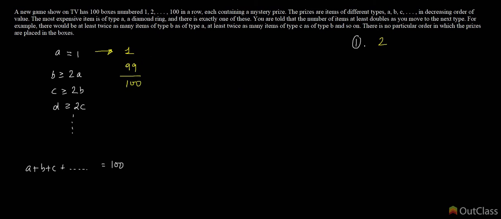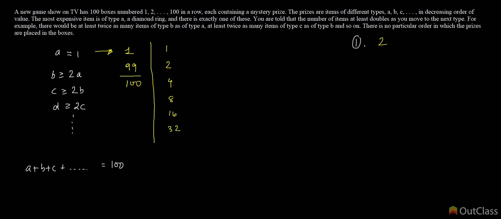The second one is the maximum possible number of types of prices, and for that you have to look at the smallest possible values you can have for each variable. So that is A is equal to 1, B is equal to 2, C is equal to 4, D is equal to 8, 16, 32.